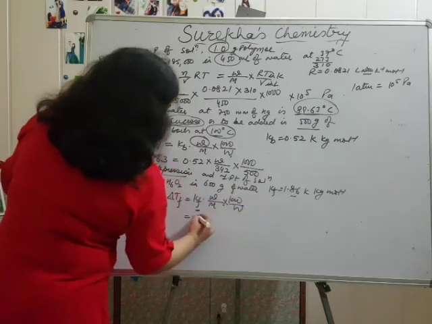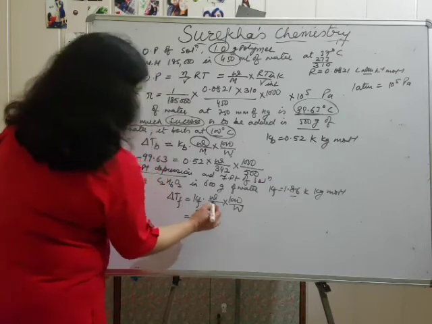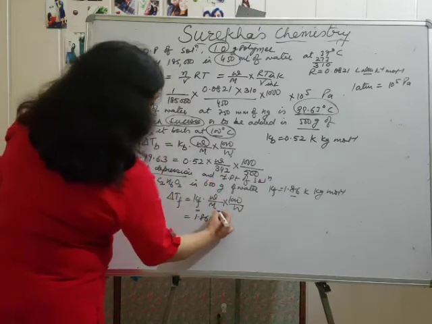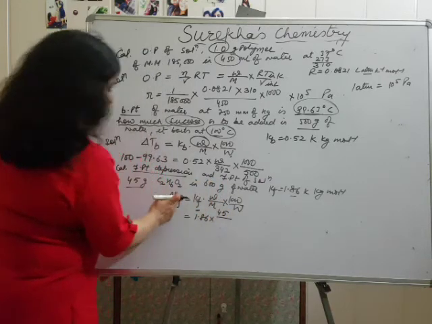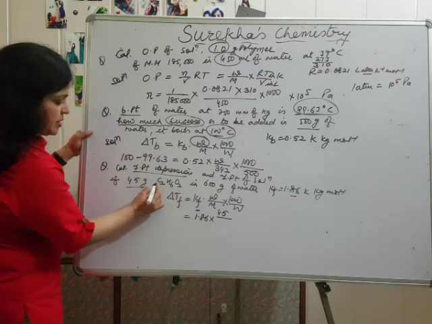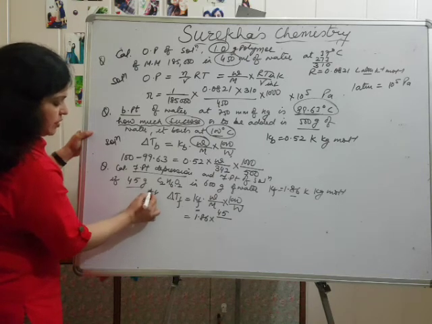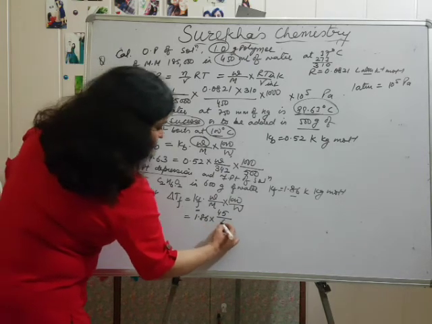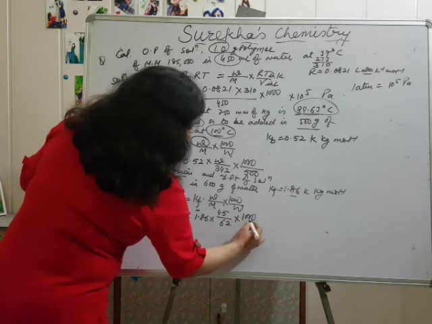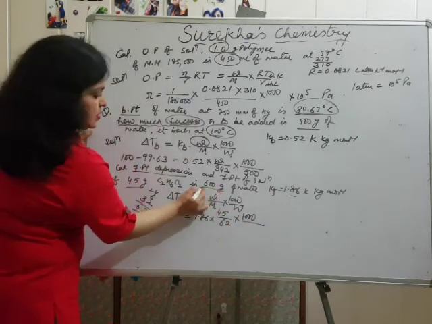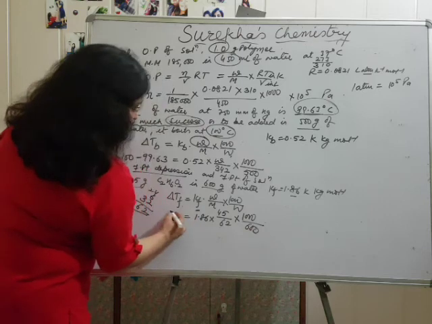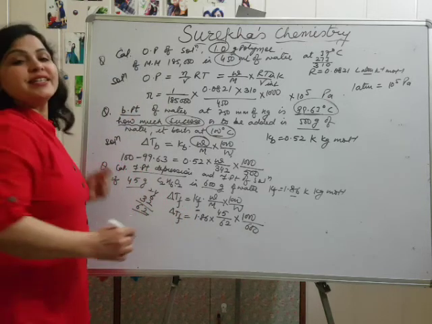Kf is given 1.86, given mass 45 gram, and the molar mass we can calculate, means 24 plus 6 plus 32, that is 62 is the molar mass into 1000 upon 600 gram, right? So this is how you can calculate delta Tf.